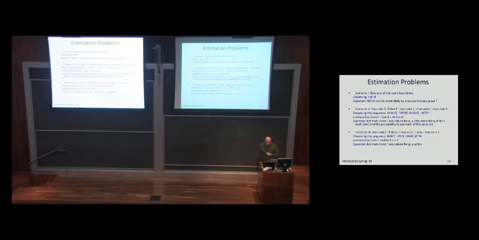So you can estimate. Third scenario, kind of like before, toss coin 0, if head, toss coin 1, otherwise, toss coin 2. And here you observe just the blue. So this is from the first case.